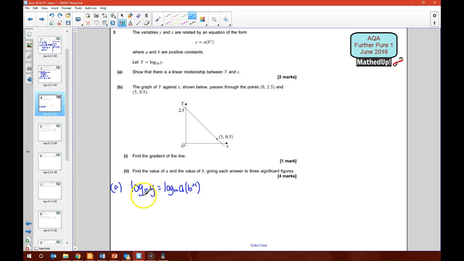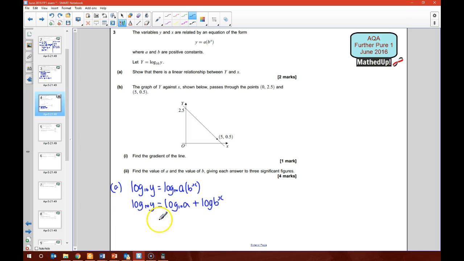Now, using our log laws, we should be able to split this because this is the product of two terms. So log 10 y is equal to the log of a plus the log of b to the power of x.